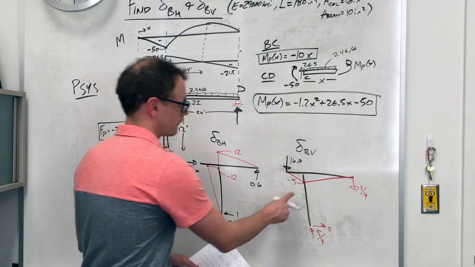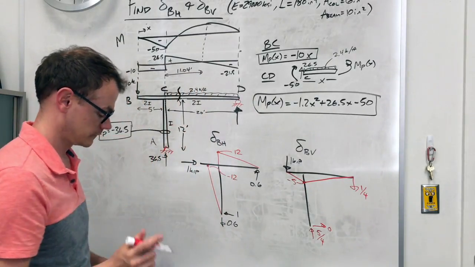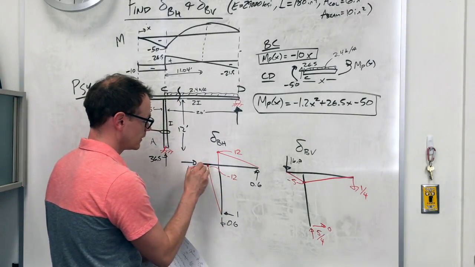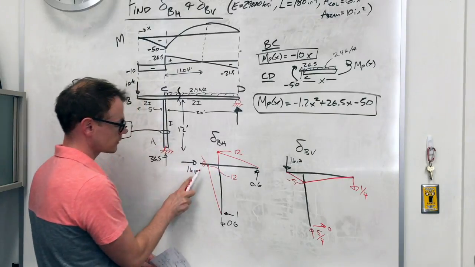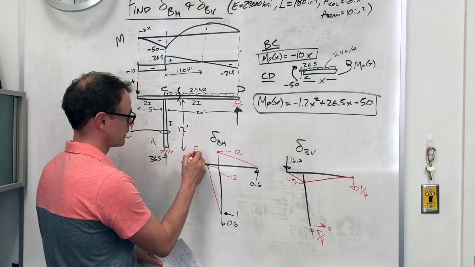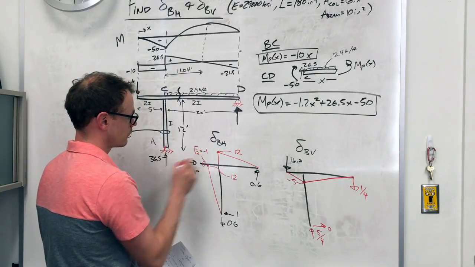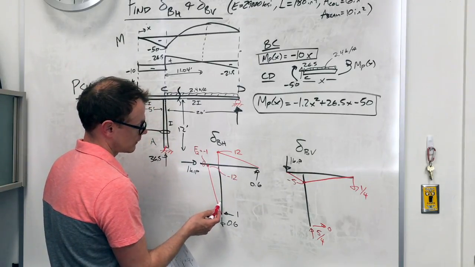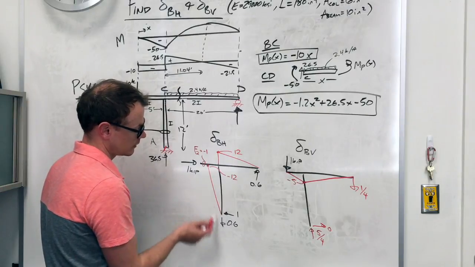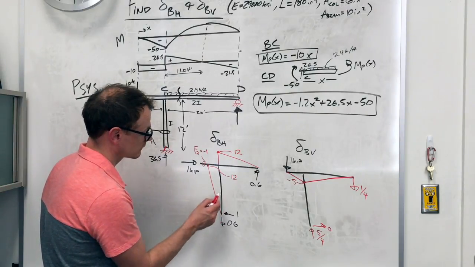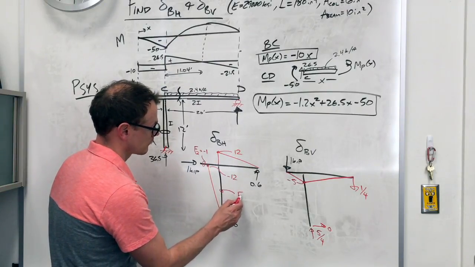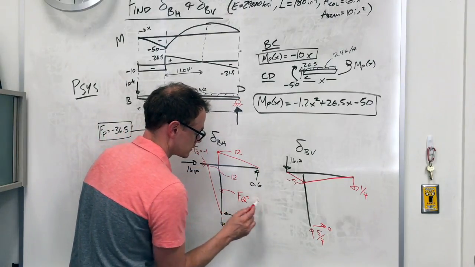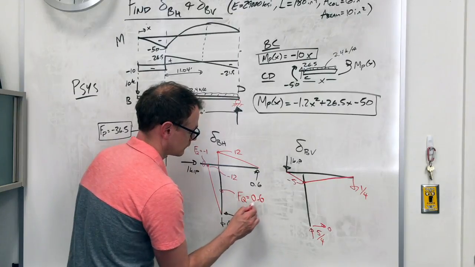And sure enough, we have negative 5 there on both. Now, what I didn't do here yet was the axial. Now this segment right here, of course, has some axial load, so FQ is negative 1. Over here there's no axial load, and then there's some axial load in this column, right? Looks like 0.6 in tension, so positive 0.6.